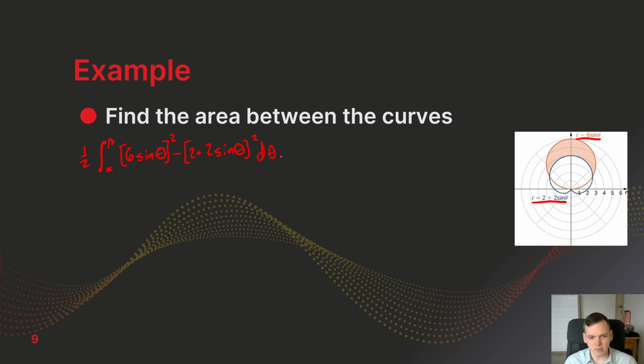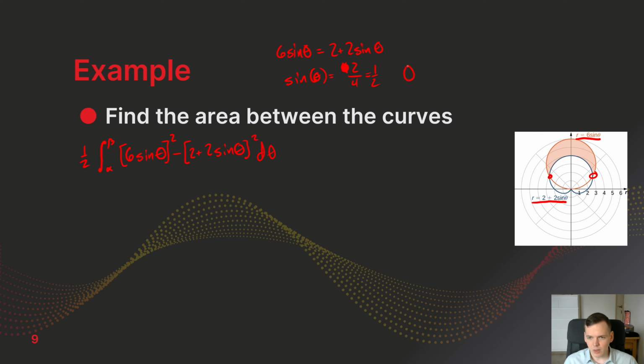To find these points right here, I'm just looking for intersections of the curves, so I can set them equal to each other. So 6 sine theta is equal to 2 plus 2 sine theta. If I rearrange this a little bit, sine theta is equal to 2/4, which is 1/2.